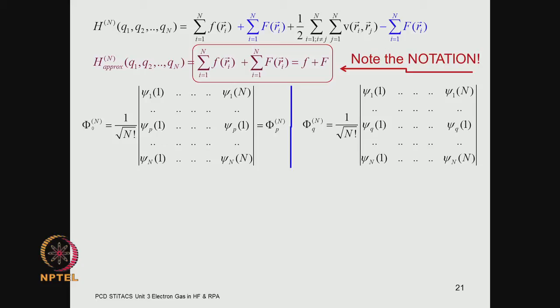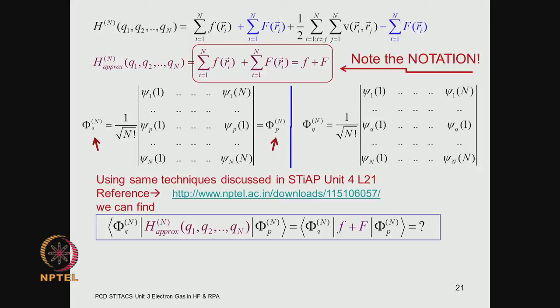This is just a matter of notation, and you also have to remember that I have used phi 0 and phi p equivalently, because I am focusing my attention on the fact that in the ground state, other than the remaining n minus 1 electron states, it is the pth state which was occupied, and it is this one which would be vacant in the excited state, but replaced by the occupation number 1 for the qth state. Okay. So, phi 0 and phi p refer to the same, and phi q is the excited state.